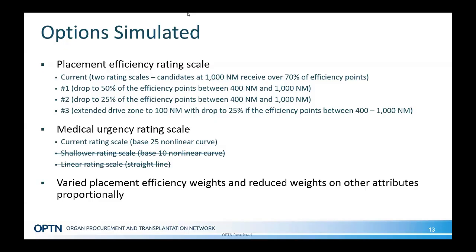What we were able to do was look at three new distinct rating scales within placement efficiency, and we looked at those three rating scales if you changed the overall score from 0 to 100. And remember, it's at 10 now. We can do that, and then we can simulate the expected impact on things such as waitlist mortality, distance traveled, number of centers in match runs, et cetera.